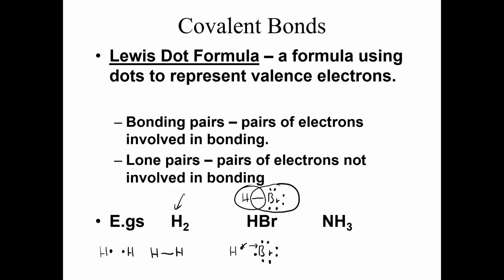So they share electrons. NH3 then gets a little more complicated. Nitrogen has 5 valence electrons, but it's not that complicated to see that it would make 3 bonds. In order for nitrogen to get its 8 electrons, it's going to need 3 hydrogens.